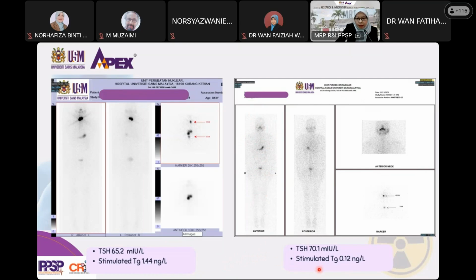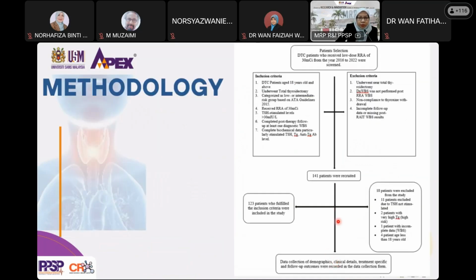The stimulated TG also reduced in trend from 1.44 to 0.12. We consider this a success group or complete response because of the negative whole body scan and the stimulated TG less than 1. So this is the methodology of our study.